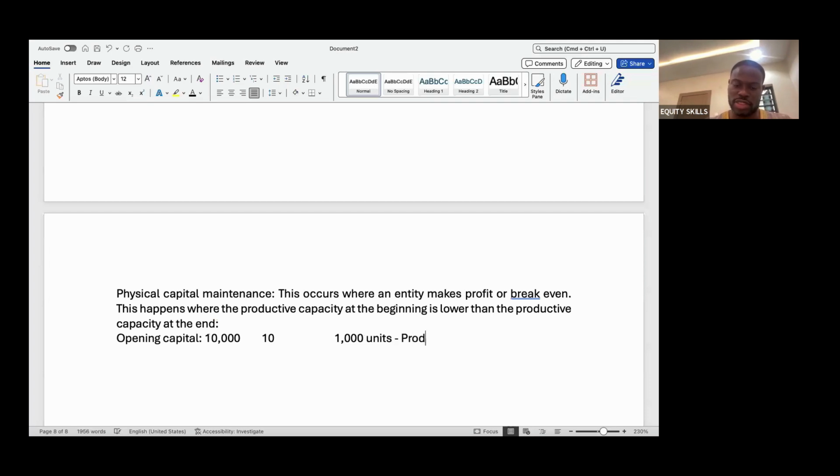This is what we see as your capital. So you have your money, you translate it to what you can produce. That is your productive capacity. If your closing capital at the end is 12,000, but the same goods can now be produced for 15,000. So how many units can you produce now?